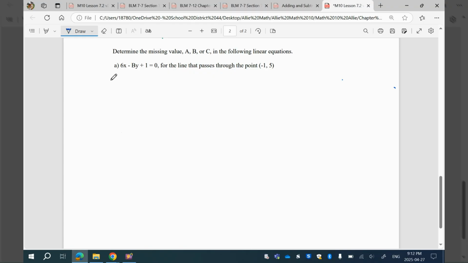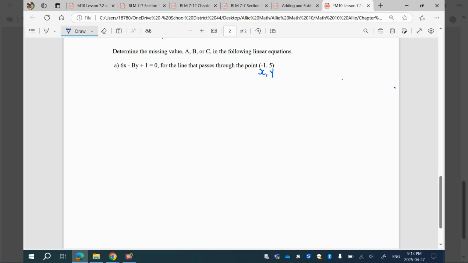So 6x subtract by plus 1 equals 0 for the line that passes through the point -1, 5. So determine the missing value of a, b, or c for the following linear relations. So we have a missing value of b. We know our a, we know our c, but we don't know this b. We do know they gave us right here the value of x and the value of y.